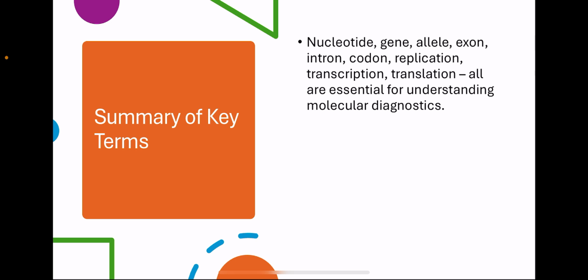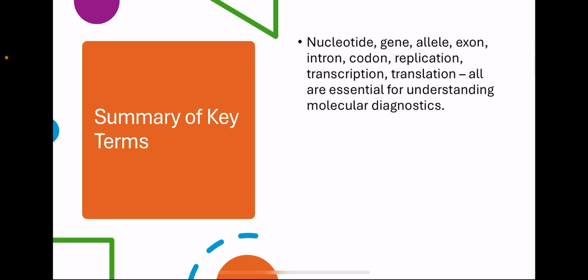We do have a few key terms, including nucleotide, which are building blocks of DNA and RNA, a gene, which is a DNA segment that encodes a functional product. An allele is a variant form of a gene. Exons are the coding portion of a gene.